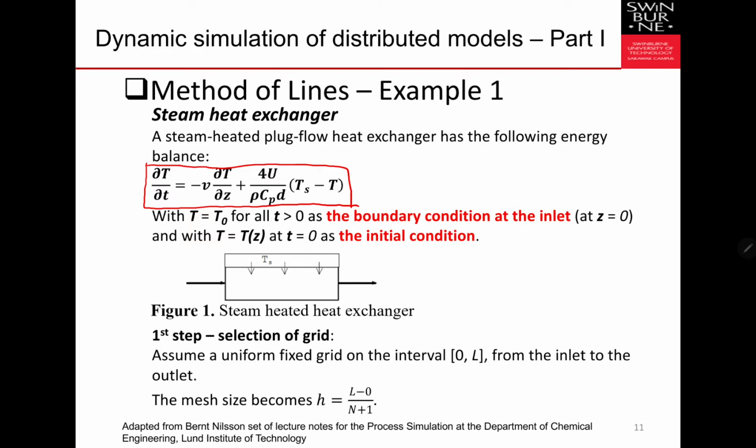If we look at the figure below, let's say that at this particular point, it will be at z equals 0. And then at this particular point, that will be at z equal L. And then we have boundaries, where here we have the fluid flow of interest, and here we have a steam that can flow either in the opposite direction, then it will be countercurrent, or in the same direction, then it will be co-current.